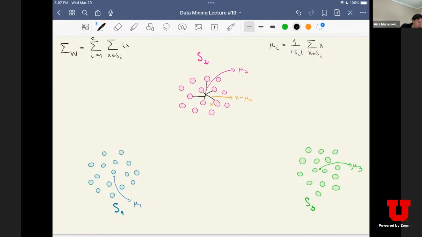Then we compute these little black vectors, which are x minus mu i, where mu i is the mean of that blob, times itself. So we are making the outer product and measuring basically the variance within that subset of the data. We want to minimize variance within the class.